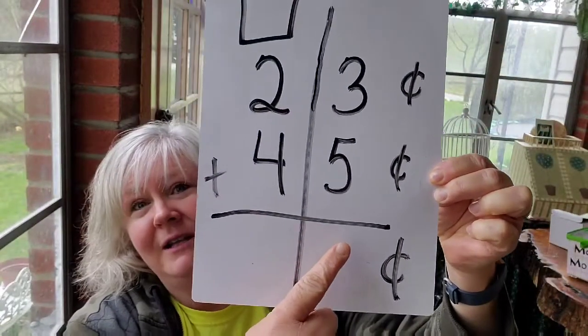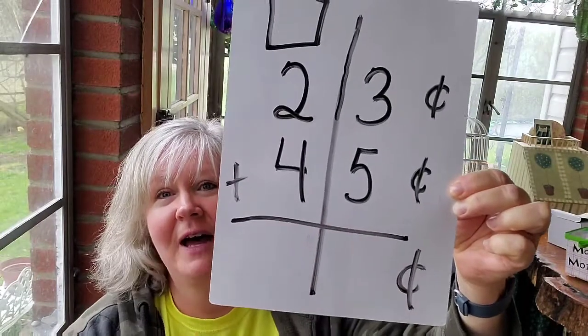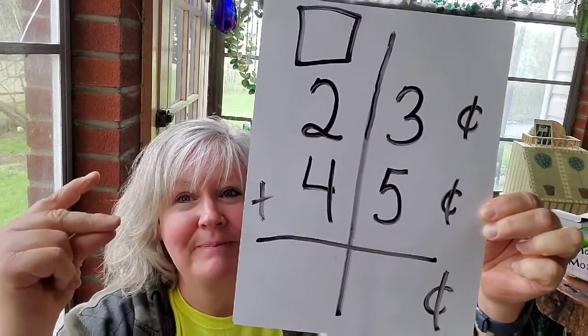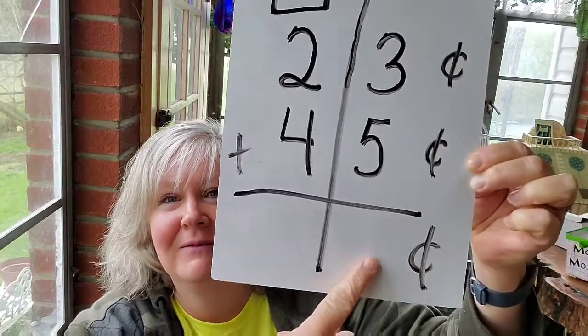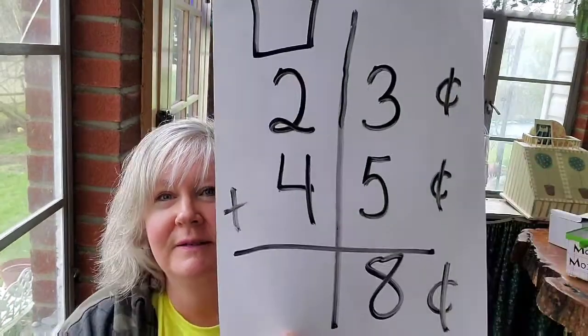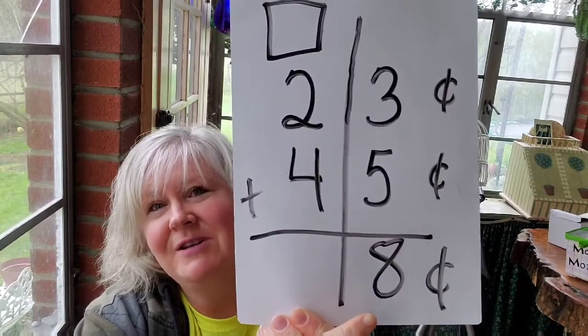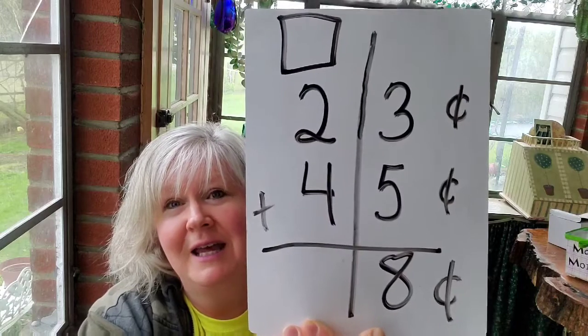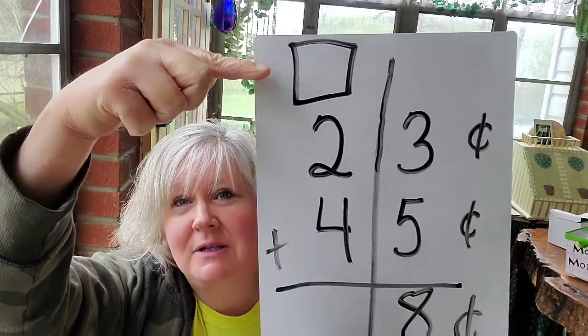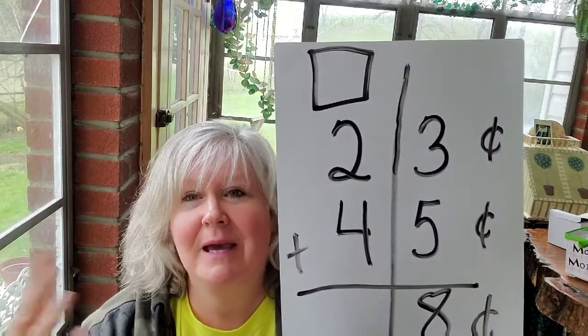So now we're going to add the ones column. 3 plus 5. What does that equal? Quick as a snap. The answer is 8. Write 8 in your ones column. So we didn't have enough here in our ones to make a new stick of 10. So this box up here, put an X in it because we don't need it.